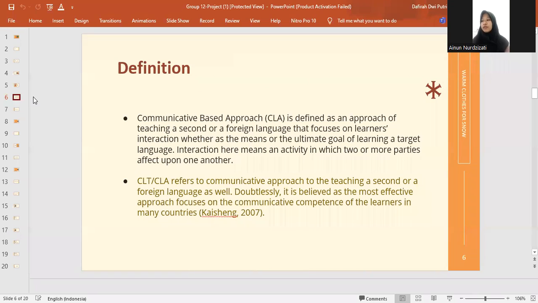Interaction here means an activity in which two or more parties affect one another. CLT refers to the communicative approach to teaching a second or foreign language as well. It is believed to be the most effective approach focusing on the communicative competence of learners in many countries. When we talk about communicative-based approach, the learners are active, participating and contributing in the learning process.